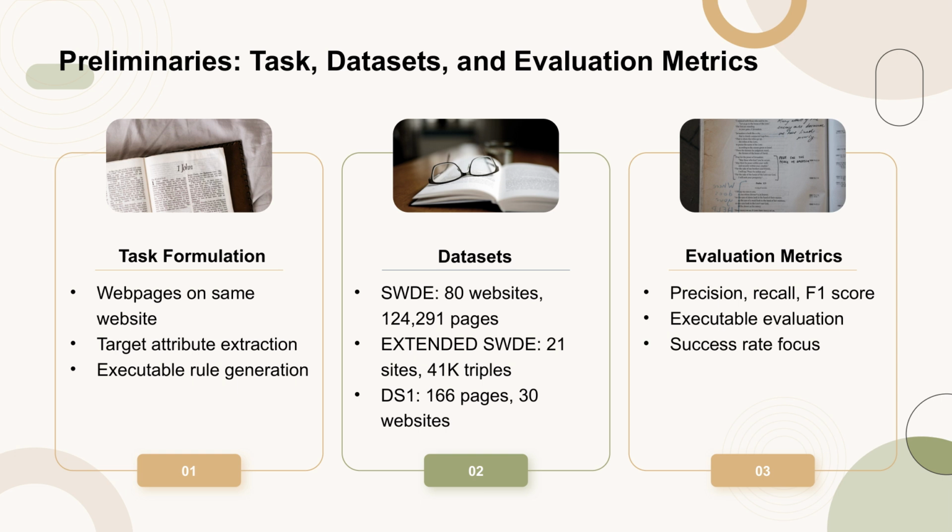For evaluation, we adopt traditional metrics like precision, recall, and F1 score, but also introduce an executable evaluation to assess the generalizability and transferability of the action sequences. This evaluation categorizes results into 6 situations, focusing on the success rate of correct extraction.